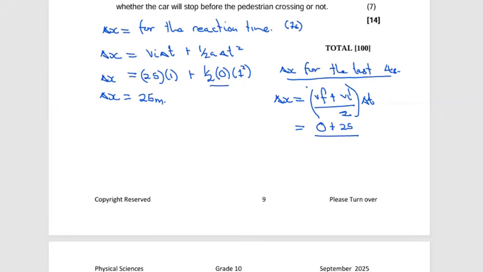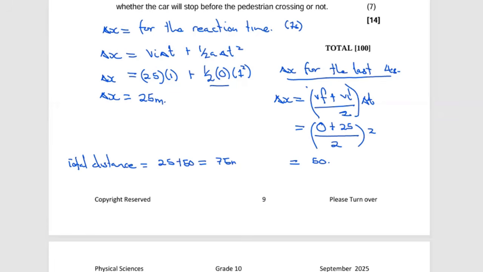Initially you are traveling at 25, for how many seconds then? For 2 seconds, so if we do our math, I get a value of 50. Therefore the total distance I'm going to travel is 25 plus 50.